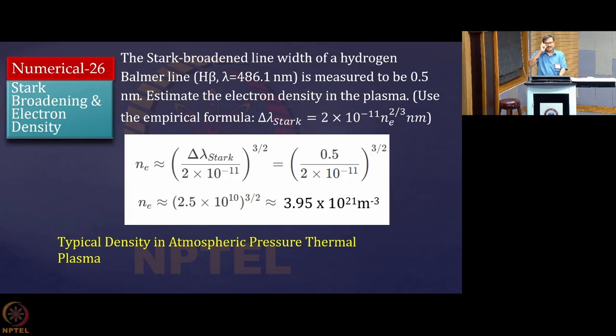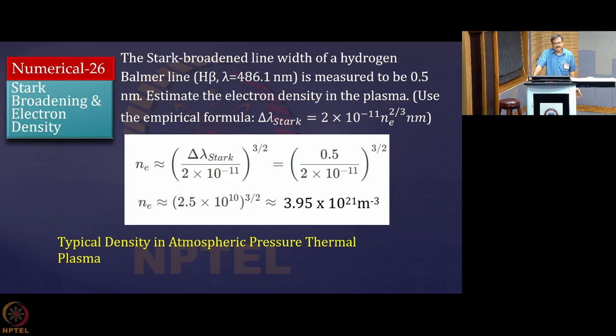Now this is the 26th numerical in this tutorial series. This problem says that the Stark broadened line width of a hydrogen Balmer line is given to be 0.5 nanometer. From that broadening, we want to find the electron density.